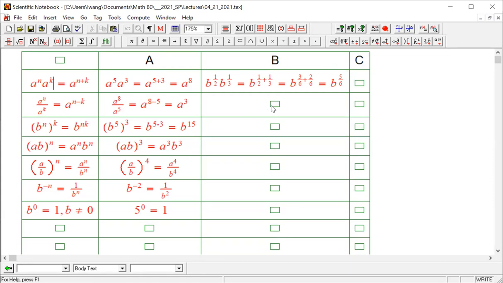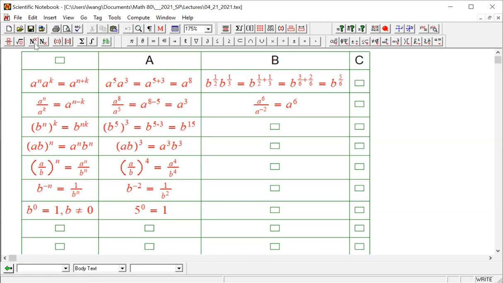Third row, column B. We have a raised to the power 6 divided by a raised to the power of -2. We take the exponents. Well, they have the same base, so we're going to keep the same base, and the exponent on top subtract the exponent in the bottom.